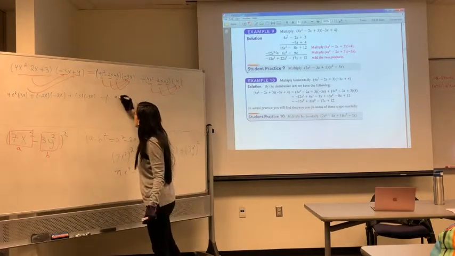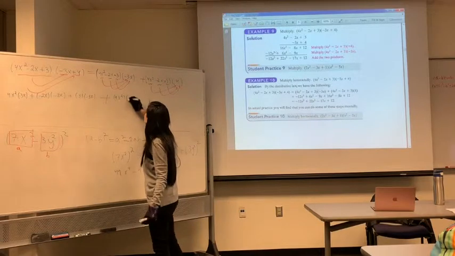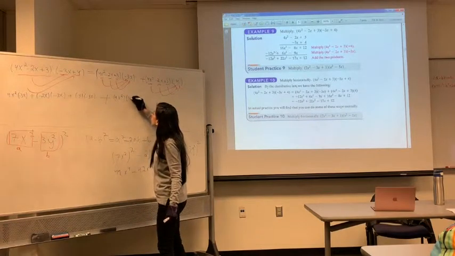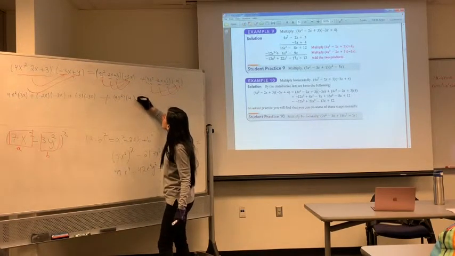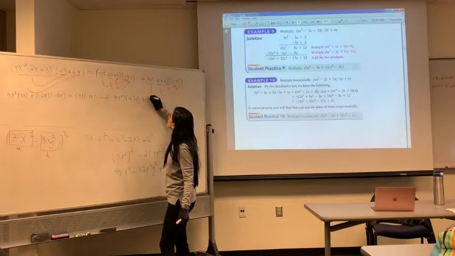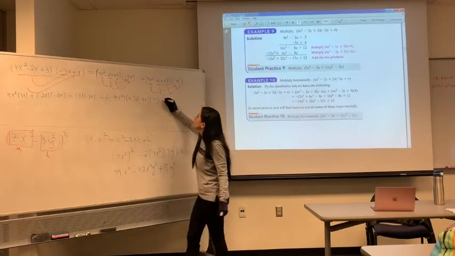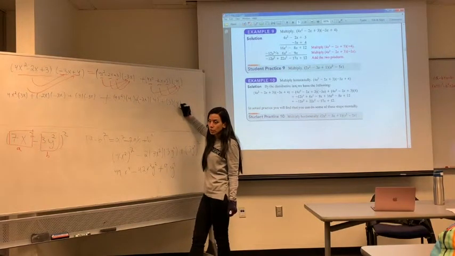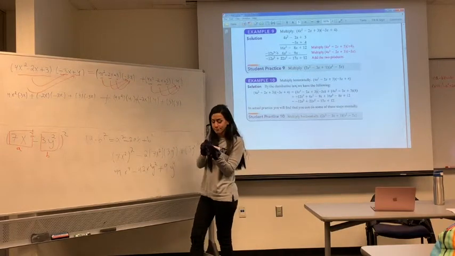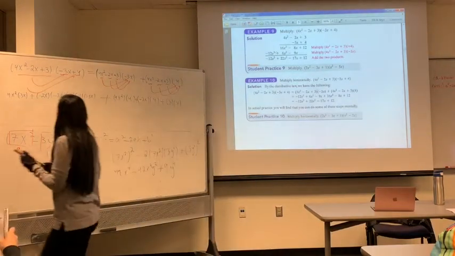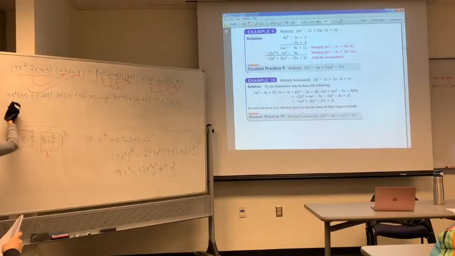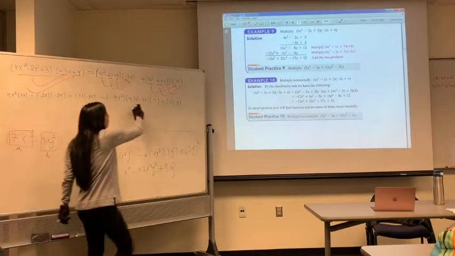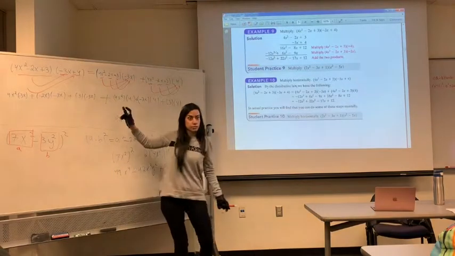This one, 4x squared multiplied by 4, plus negative 2x multiplied by 4, plus 3 multiplied by 4, right? Okay, so now 1, 2, 3, 4, 5, 6, we are correct.